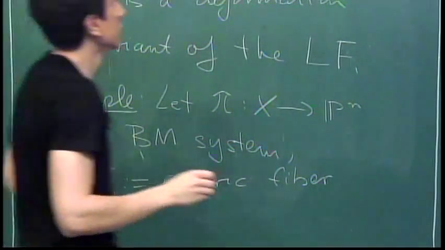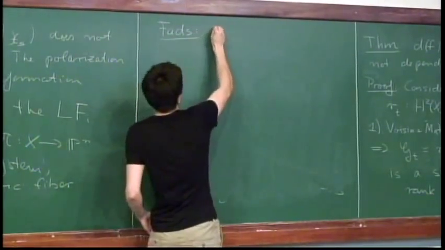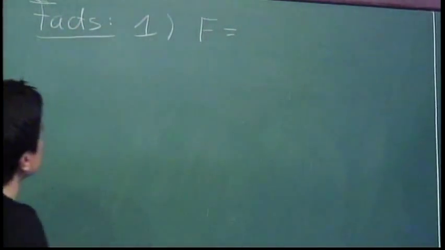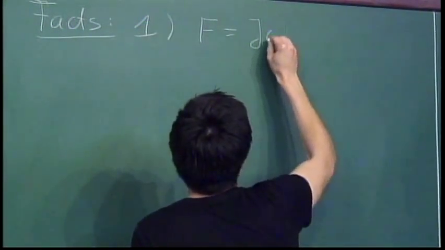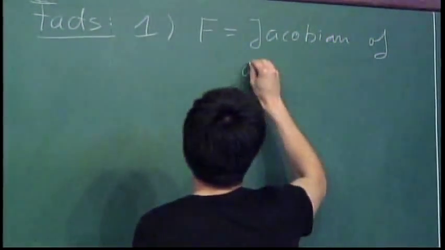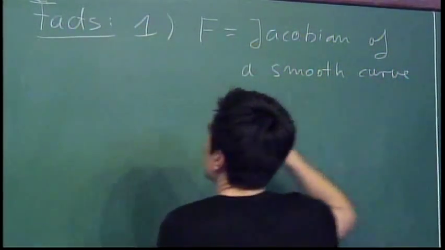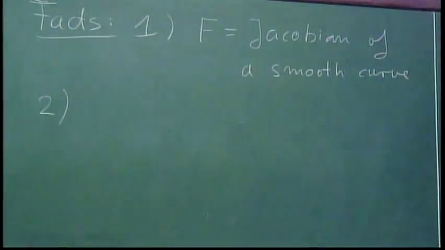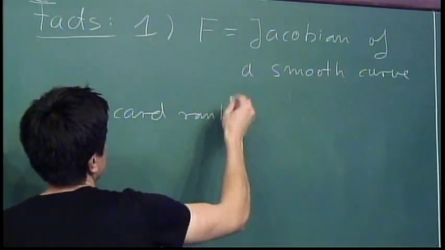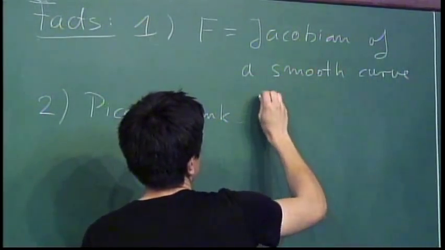Then we have two facts. The first one is, I already told you, that F is a Jacobian of a smooth curve. And the second, more important fact, actually both are important, is that the Picard rank of this generic smooth fiber is 1.